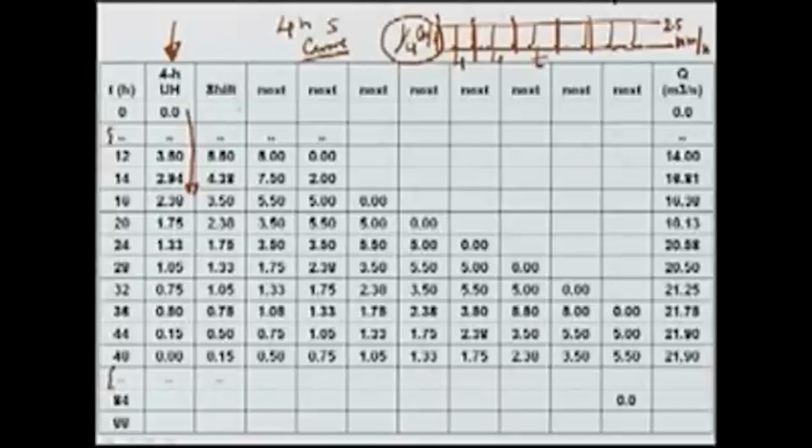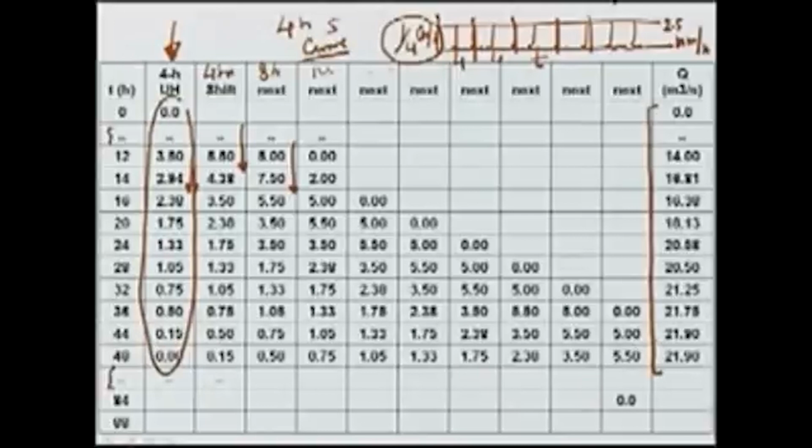Then the second column shows the same data, but shifted by 4 hours. So, this is a 4-hour shift, this is 8-hour shift, 12-hour and so on. So, this is again the same data repeated, but shifted by 4 hours every time, and then we sum them up.